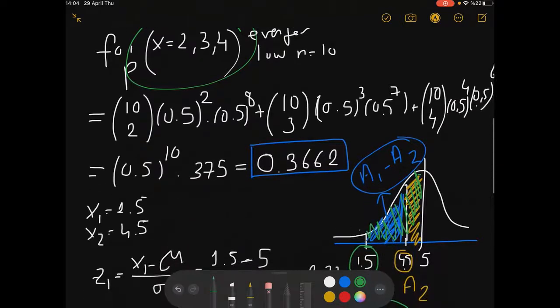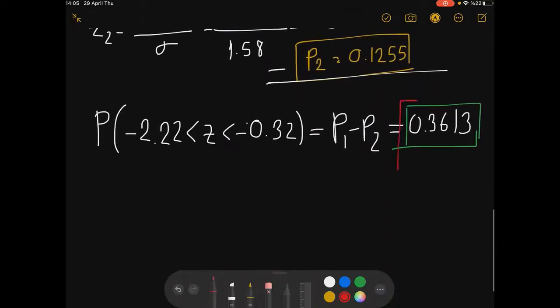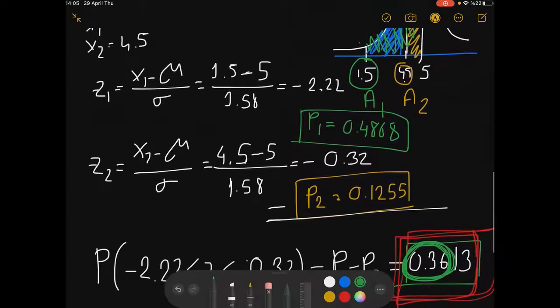Okay, the original answer was this one, 0.3662, and your approximation to this result is 0.3613. You see that these parts are exactly the same, up to 2-digit sensitivity here.